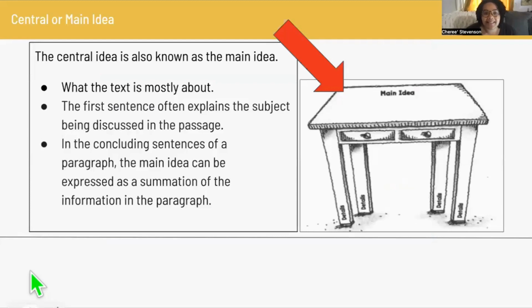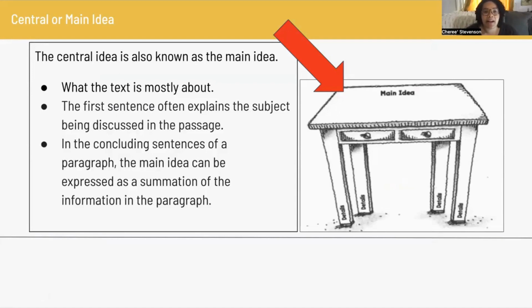So the central idea or main idea, as it's also referred to, is what the text is mostly about. Usually the first sentence of the text will explain the subject being discussed, also known as the topic sentence. So it tells us the topic of the text.